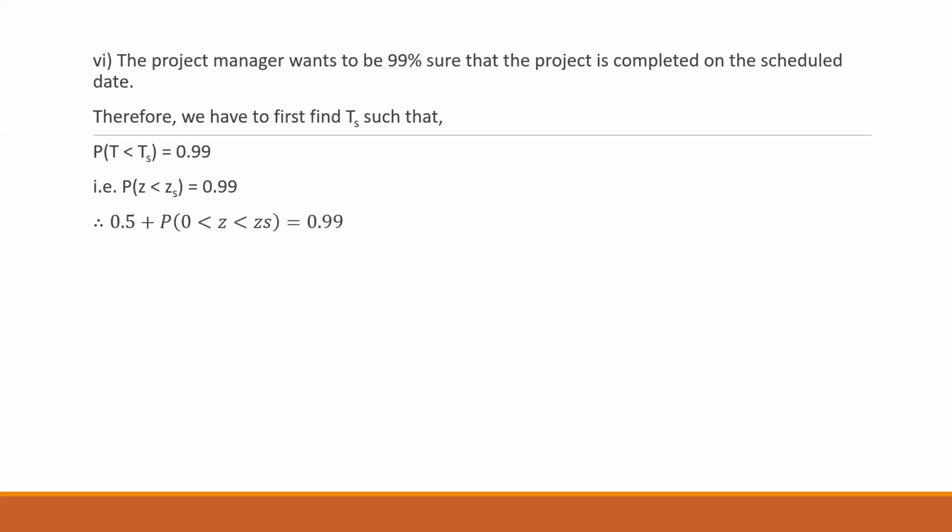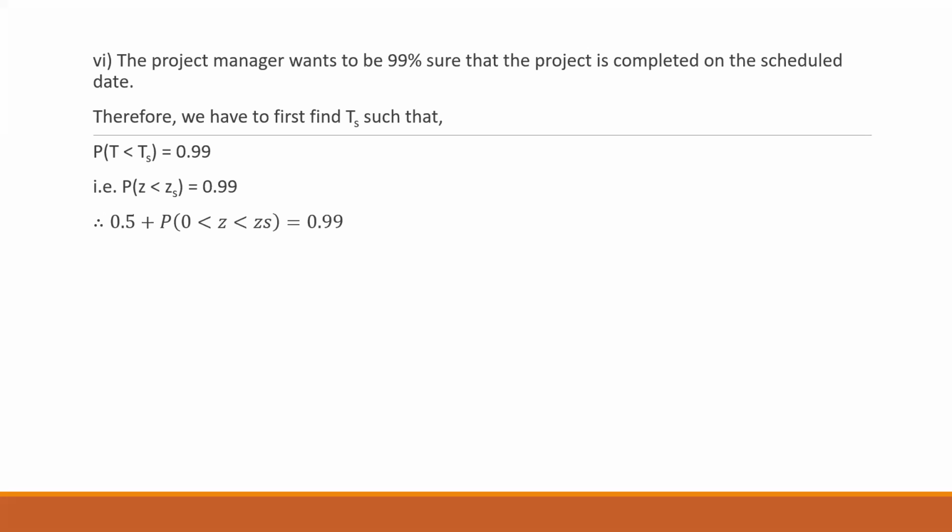Now, if I look at the table again and check for this value of 0.49, I'm getting 0.49 somewhere here. There are a few very close values.